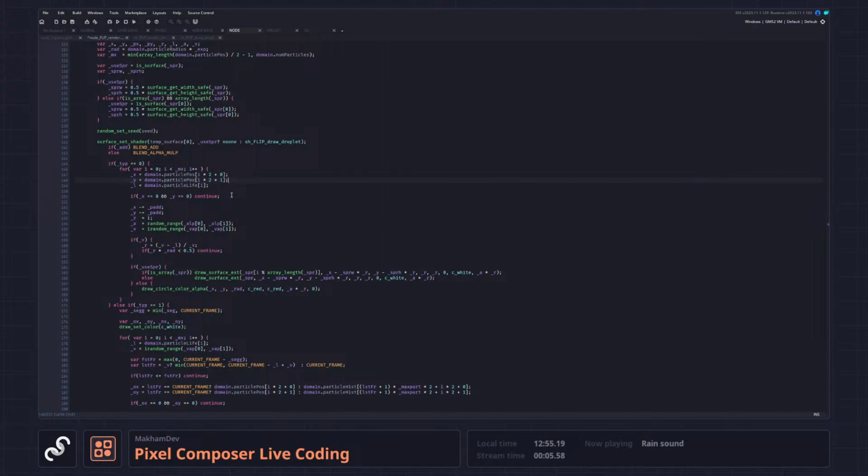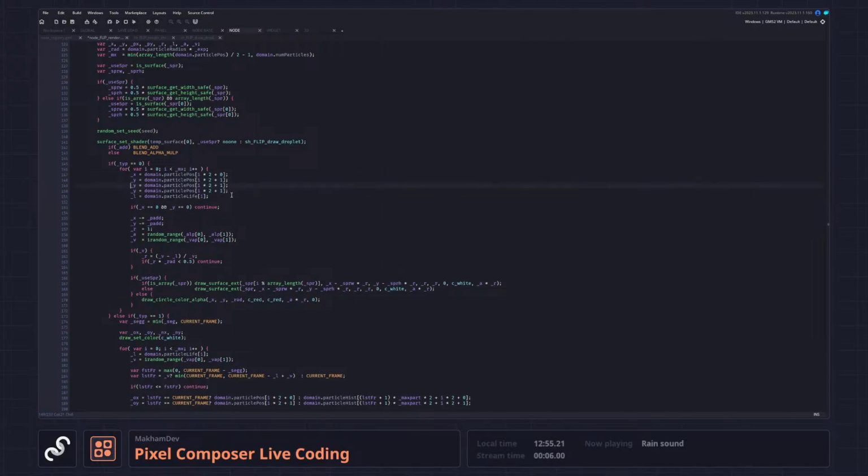Now I think we can also get the velocity here as well. Okay, this is getting really bad. It's really laggy now. Okay, let's refresh.